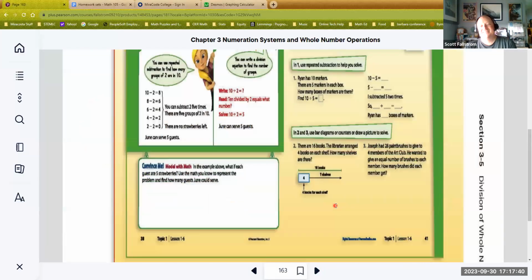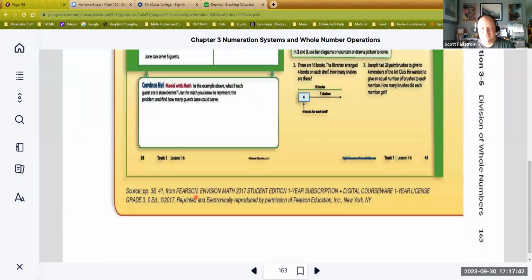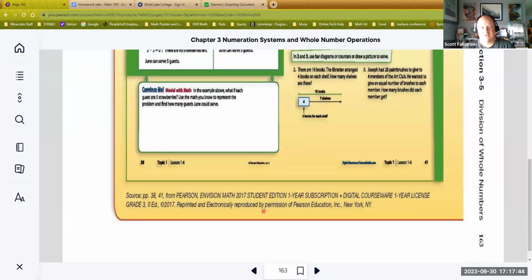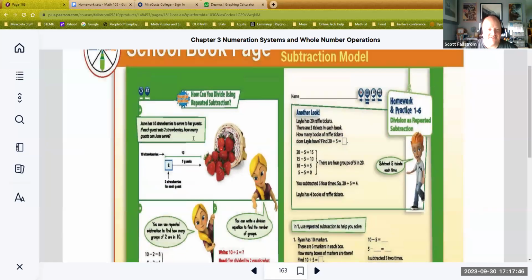Definitely. So, of course, they throw in a school page, and this is a school page from grade 3. And what you can see the student doing is they're taking strawberries, and they're saying each guest is going to have 2 strawberries. How many guests can she serve? So now remember, each guest is getting 2 strawberries. What am I doing? I'm repeatedly subtracting 2 strawberries at a time, right?